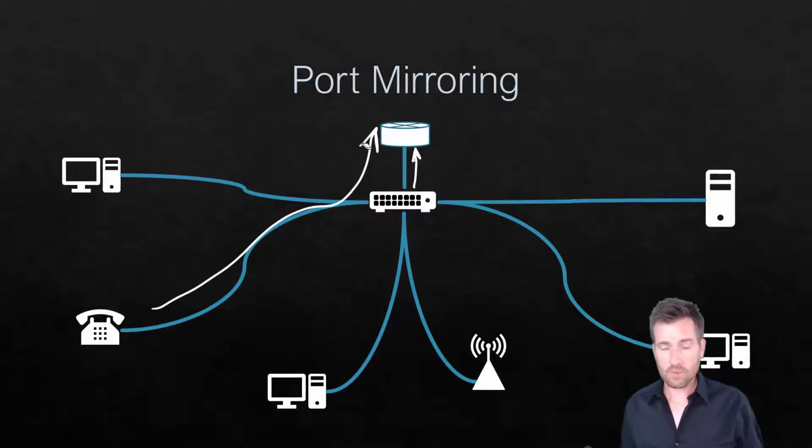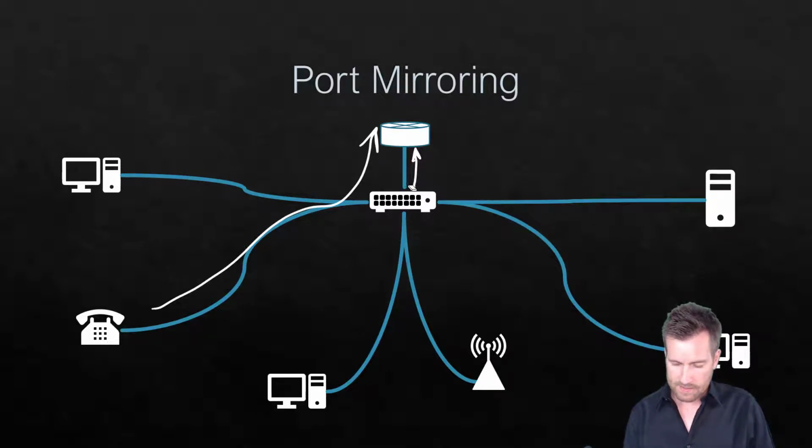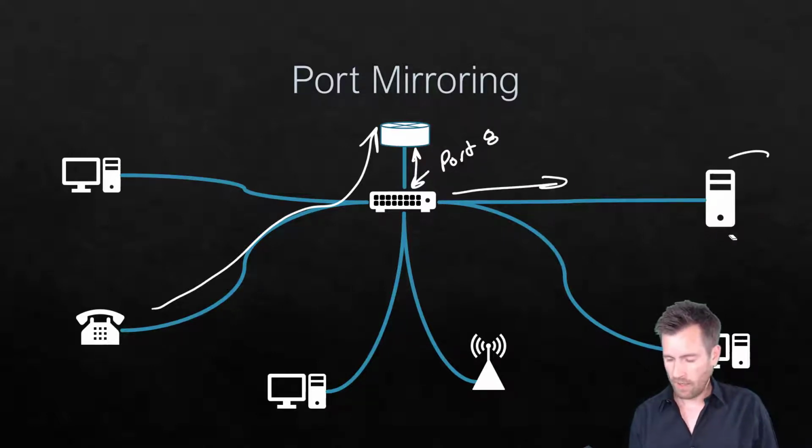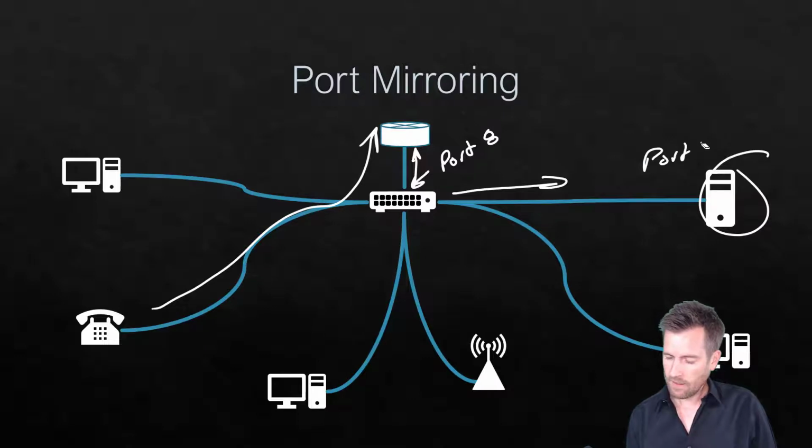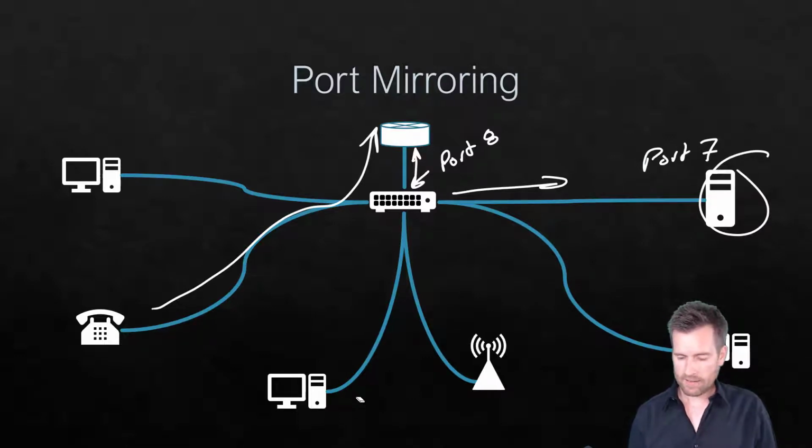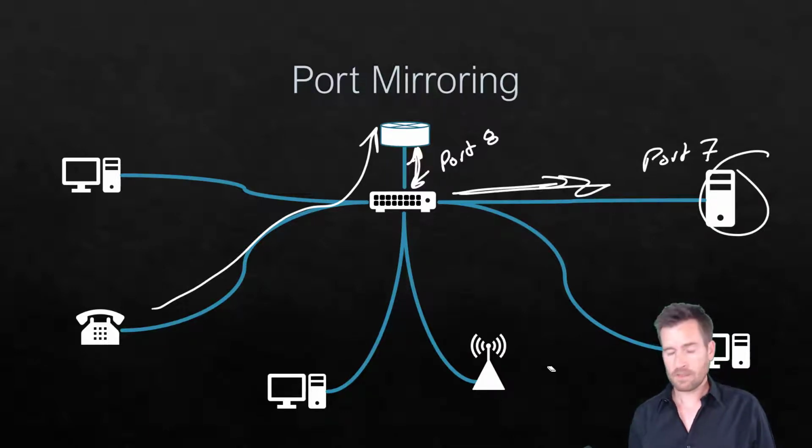So what we can do is set up, if this is on, let's say, port 8 on here, a server on port 7 that mirrors all the traffic that's going out port 8. And so all of this traffic that's going out port 8 will also be sent to port 7.